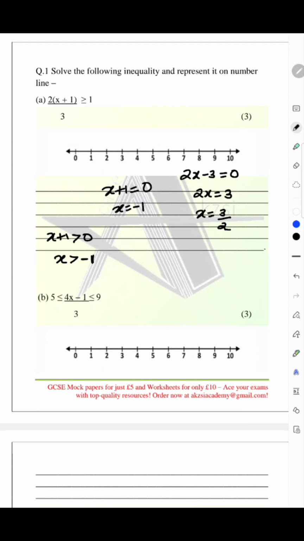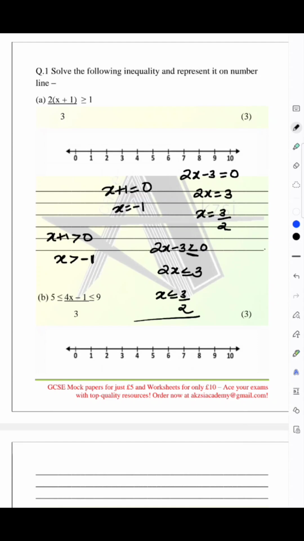Similarly, if I replace equals to sign with less than equals to 0, again I'll be doing the same, transposing 3 onto the right hand side and dividing both the sides by 2. This will give me the same solution, but the meaning will change, because in the first case we got only one value for x, which is 3/2.